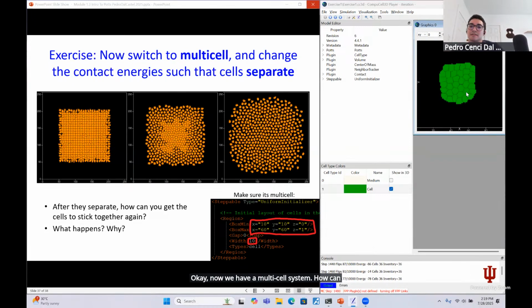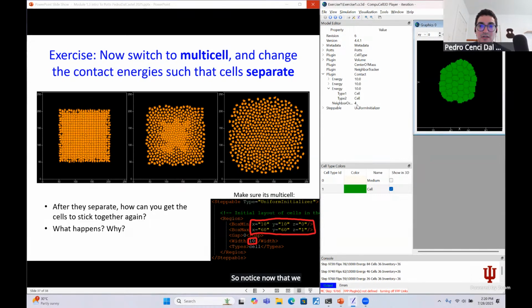How can we get the cells to scatter, to spread out? What do we need to change? High contact energy between cell 1 and cell 2. Perfect. Yeah. Cell, cell. So notice now that we have more than one cell, the cell-cell contact energy becomes relevant.